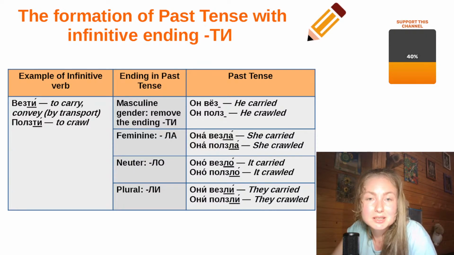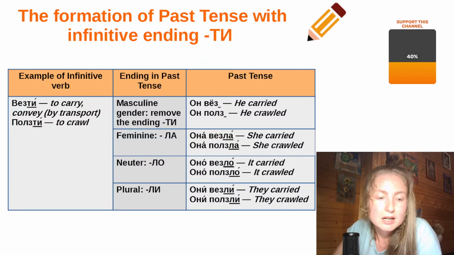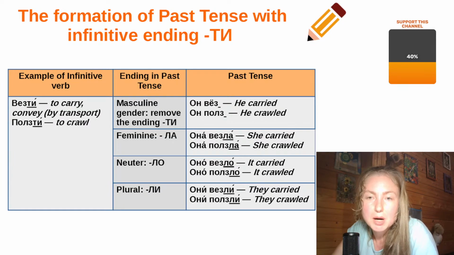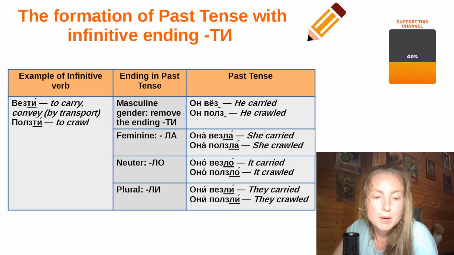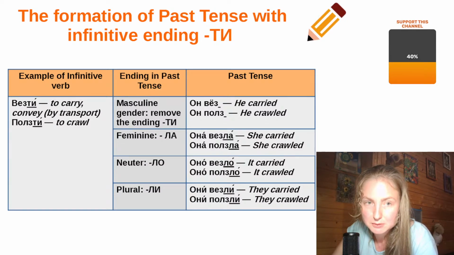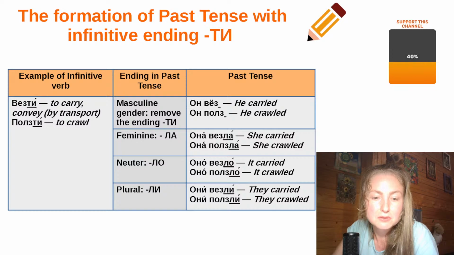It's not difficult. Okay, and one important thing about these verbs. I want to draw your attention that in masculine form, in the past tense, the letter е in the infinitive, like вести, you see that we have letter е here in the infinitive.